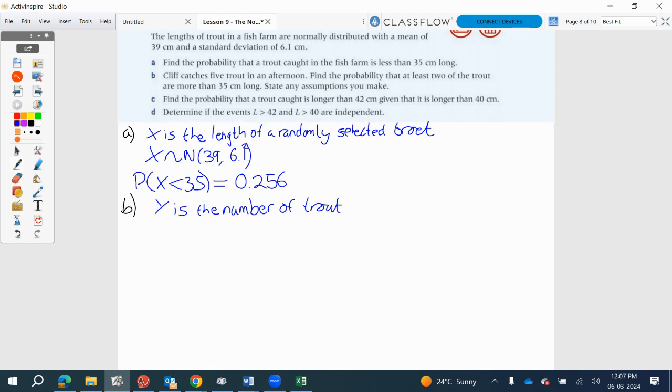So Y is the number of trout more than 35 centimeters. So how is the variable Y distributed? It's binomially. What is the number of trials? 5. What's the probability of success?